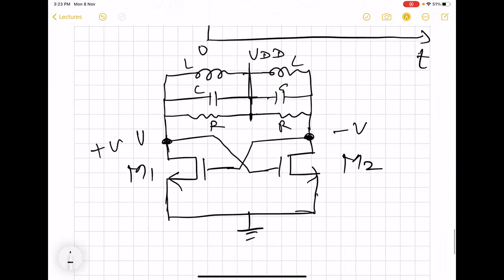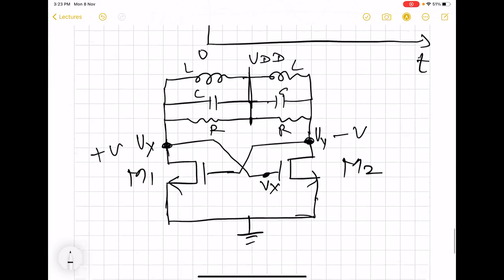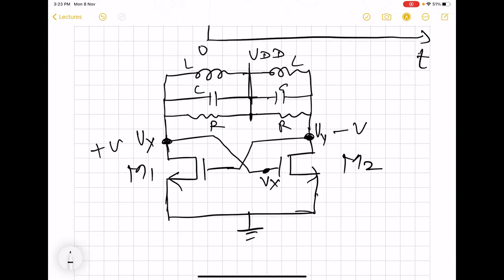So this is the Vx node, this is the Vy node, and they will be of opposite phase, because y is going to be a 180-degree phase shifted version of Vx. That is why there will always be a negative relation and the same magnitude. So here we have two inductors, two capacitors, two resistors, and VDD connected to the other end of all these three.